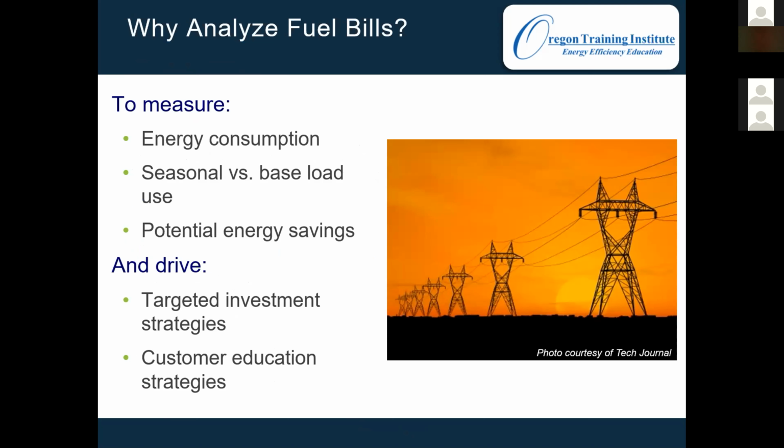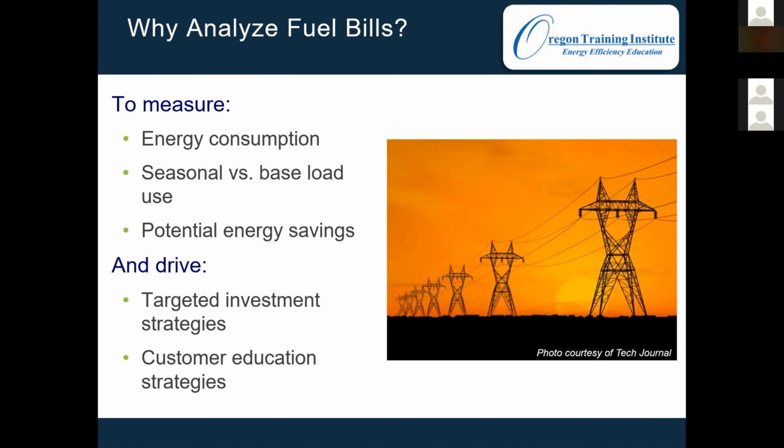So before we even go out to our house, or we can do it at the house too, we want to be taking a look at their utility bills so we can tailor the audit to their usage to help them save the most. So it's a good idea, even before you do the audit, to get their utility bills, at least a year's worth, and start to figure out, are they a high user or average user?